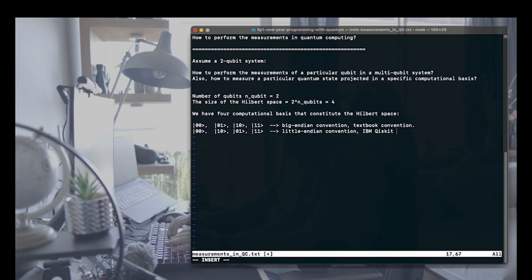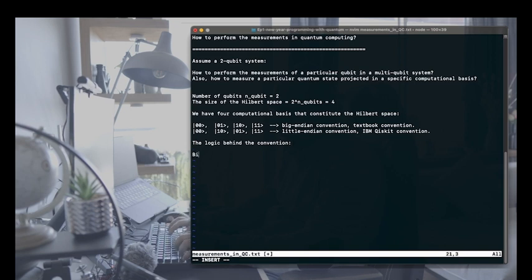Little Endian convention is used by default in IBM Qiskit, and it's more natural from a computer science perspective. However, Big Endian is more natural from a physics textbook perspective.